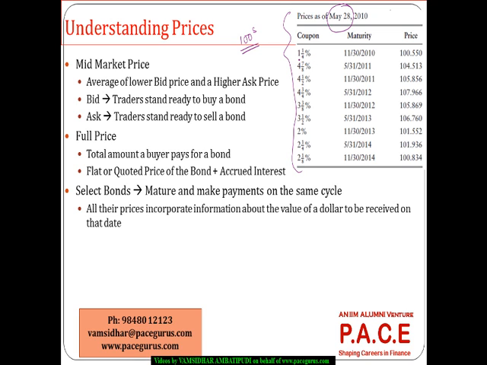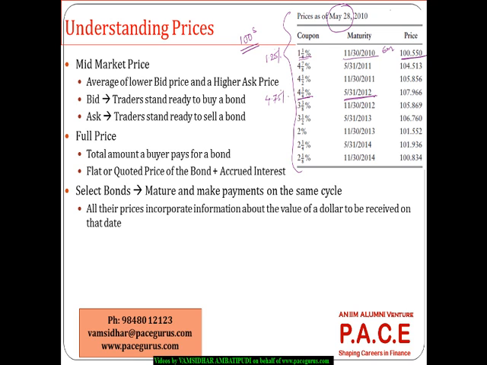This is a 1 1/4, which is nothing but a 1.25% coupon bond. It is maturing on 30th November 2010. It's only 6 months to maturity. Currently in the market, the price of it is 100.55. And this is a 4.75% coupon bond.